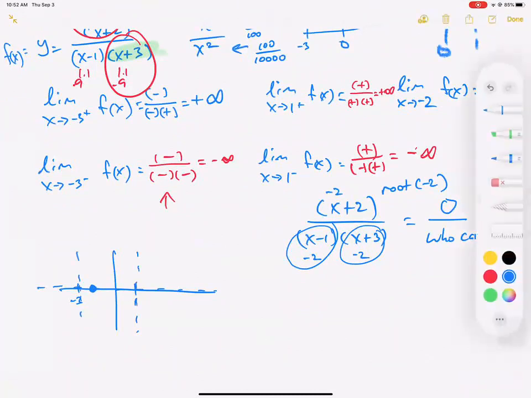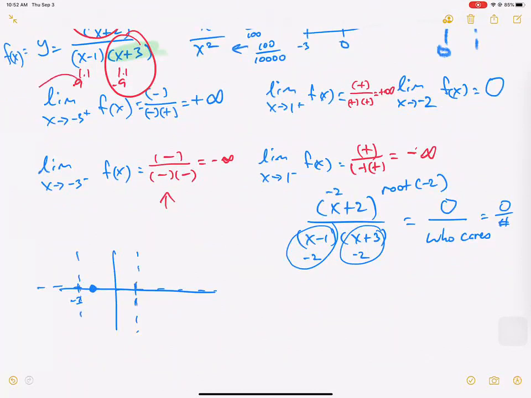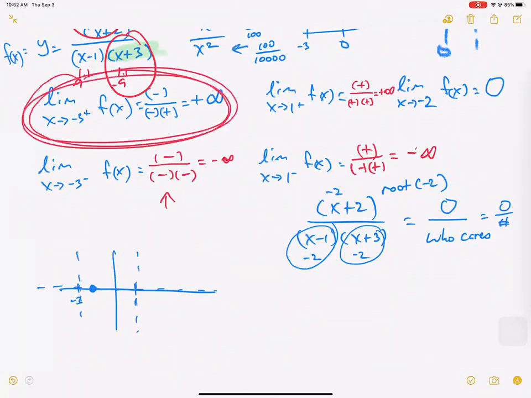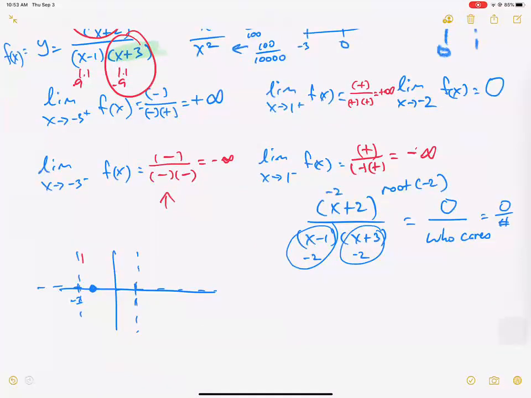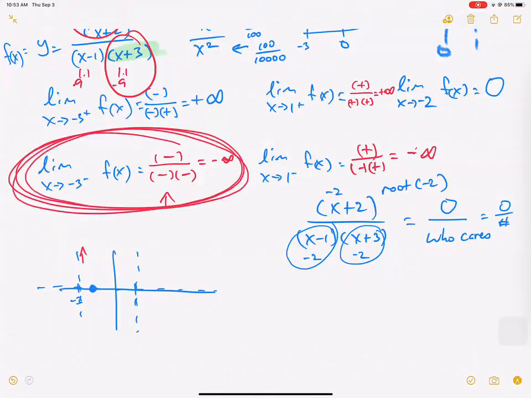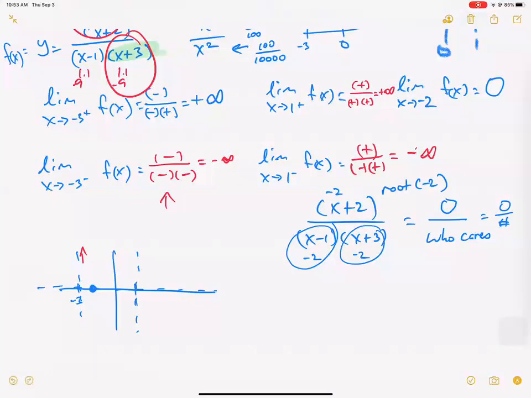So to graph this graph, we can actually now look at our limits. As the graph gets closer to -3 from the right side, the graph shoots up to positive infinity. As the graph gets closer to -3 from the left side, the graph shoots down to negative infinity.